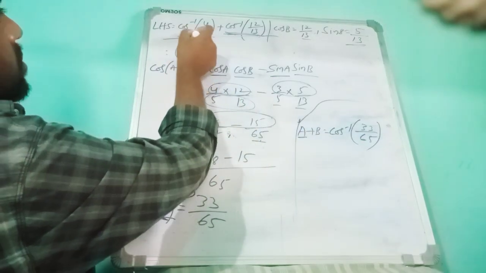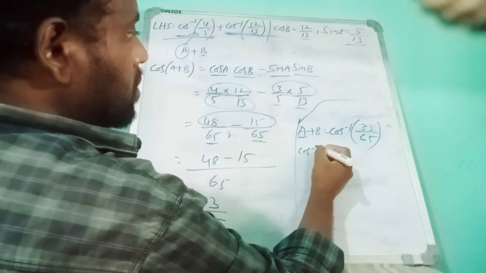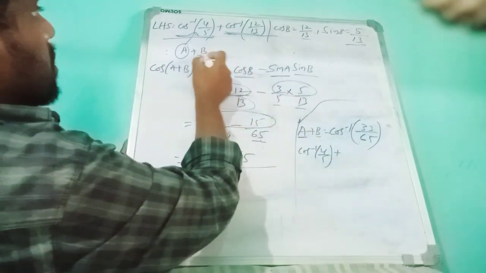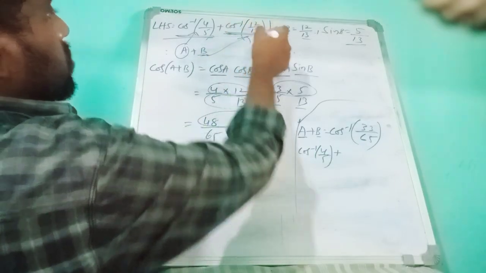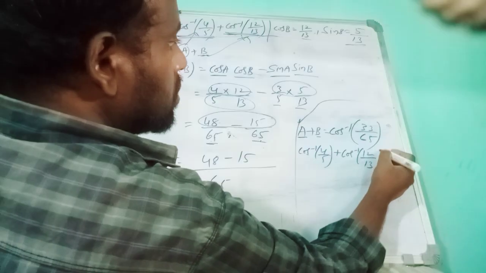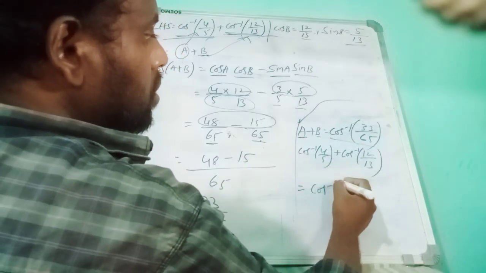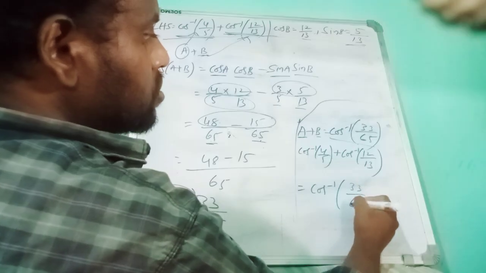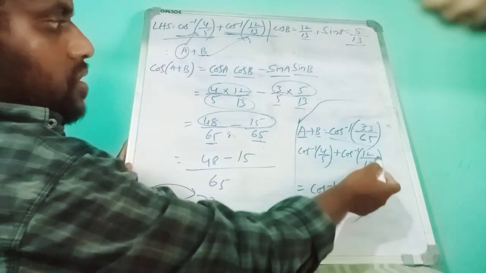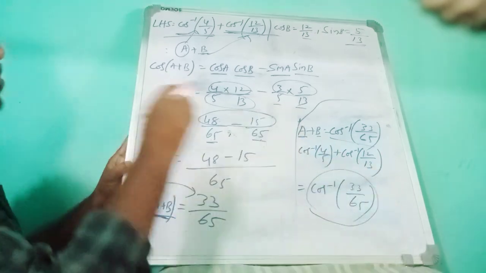A we have taken this: A means cos inverse of 4 by 5. Substitute back. Plus B. What is B? B means cos inverse of 12 by 13. Okay. So that is equal to cos inverse of 33 by 65. So we got cos inverse of 4 by 5 plus cos inverse of 12 by 13 is equal to cos inverse of 33 by 65.